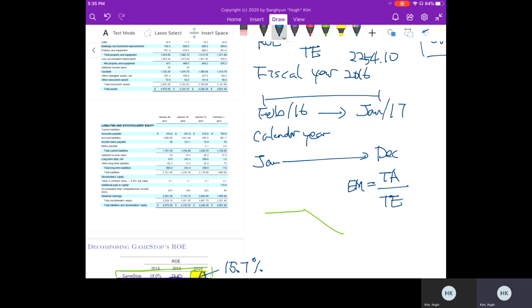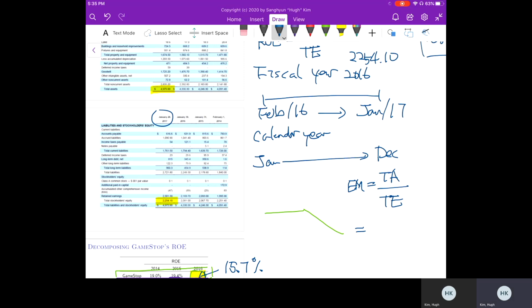Total asset can be found here, and total equity, which we already used before, is here. We have to use the number on February 28th, 2017, which is the end of fiscal year 2016.